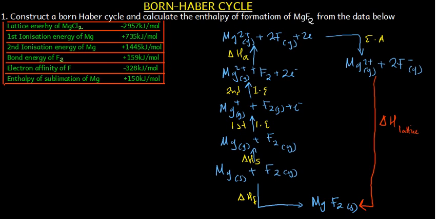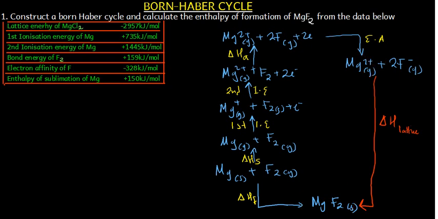We define lattice energy as the heat change when gaseous ions react to form one mole of an ionic compound. It can also be defined as the energy released when one mole of an ionic compound dissociates into its ions. So such is also referred to as lattice energy.